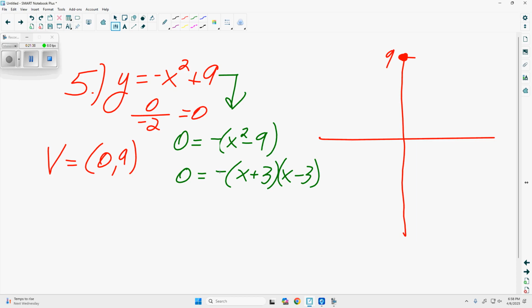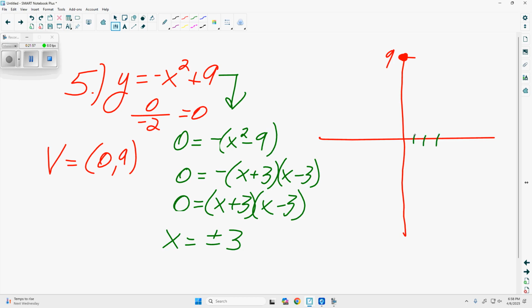That's right, all those factoring tricks are coming back right now. Hey, I'm going to divide by negative 1, so 0 divided by negative 1 is 0. And then if we're going to get really fancy here, we're just going to say x equals plus or minus 3. That means that they're both good answers. 1, 2, 3, and 1, 2, 3, dot, dot.